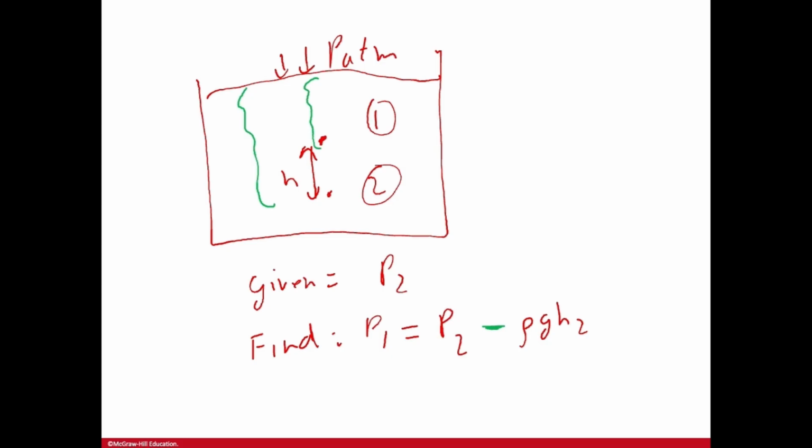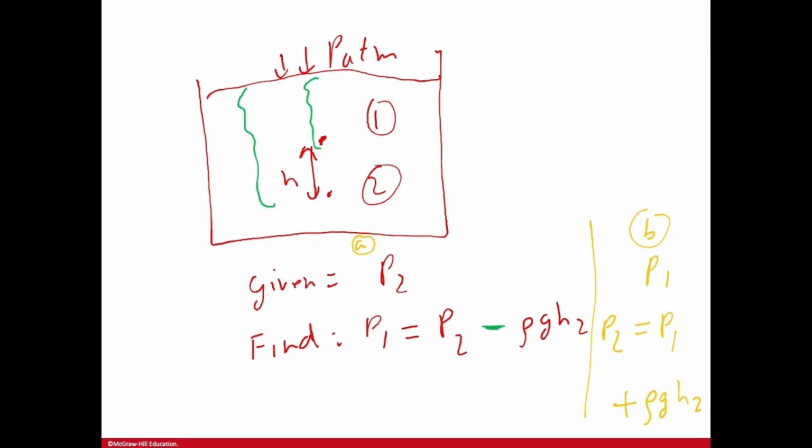So this was problem A. On the flip side, if I give you pressure at 1 and ask you to compute pressure at 2, even if you don't remember this formula, you should be able to at least say that P2 has to be bigger than P1. So you have to add rho g h.